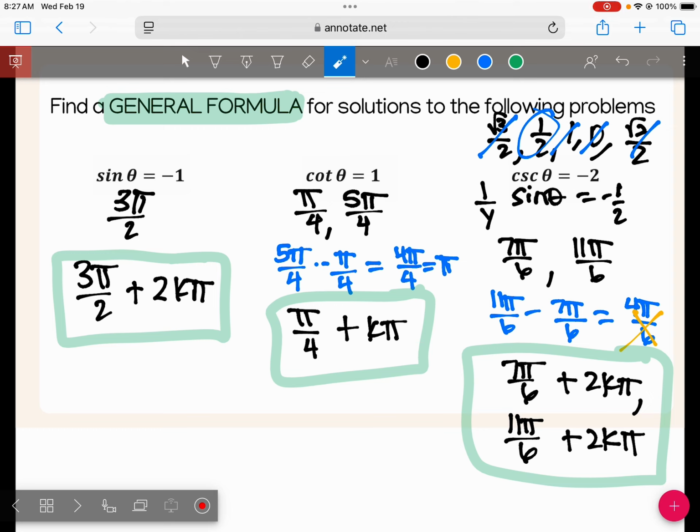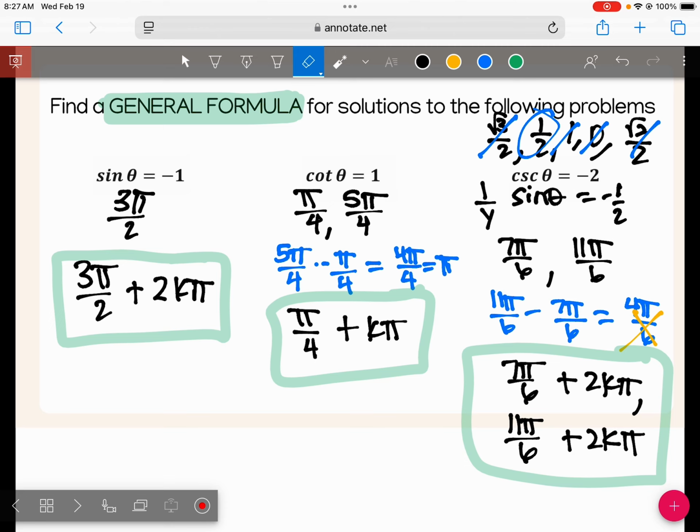But in this case, if we write out, again, our little bootleg unit circle, 7 pi/6 is here, 11 pi/6. You can tell that that is not a full pi. And then the distance here is going to be, if this is 2 pi/3, that's going to be 4 pi/3, which is not an even interval, so we're not able to write it in that new, fresh way.